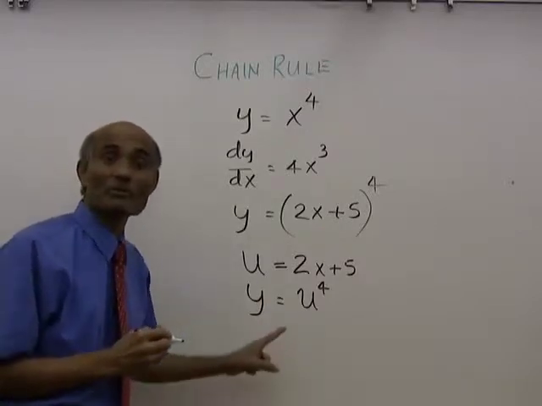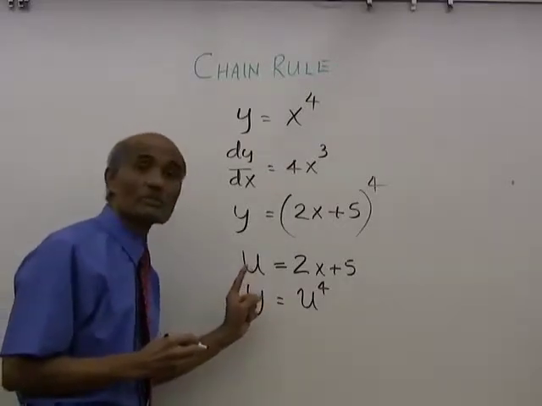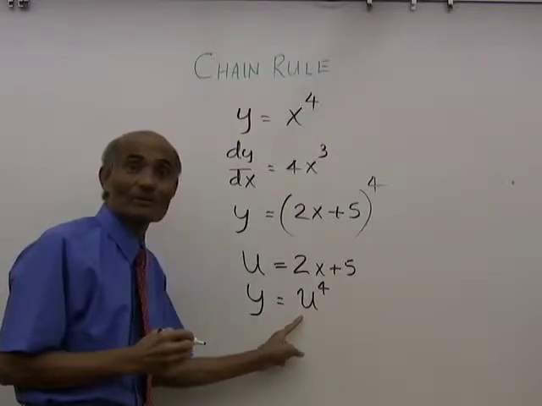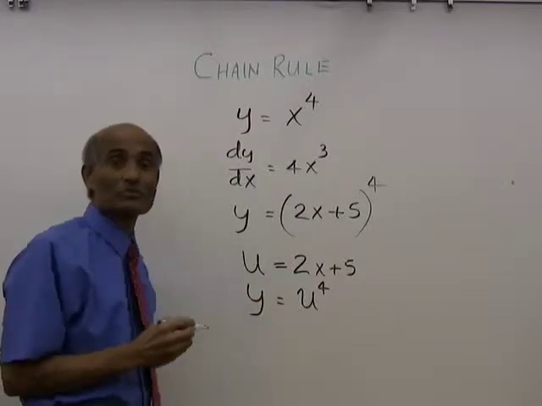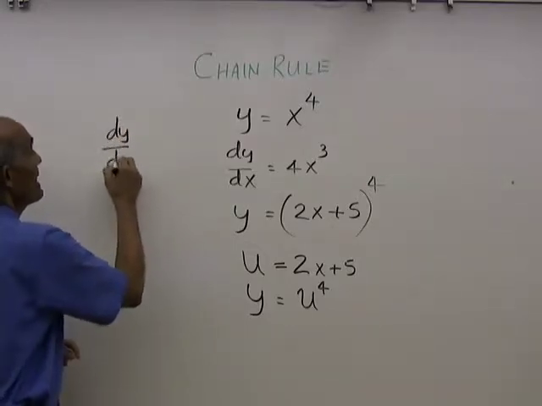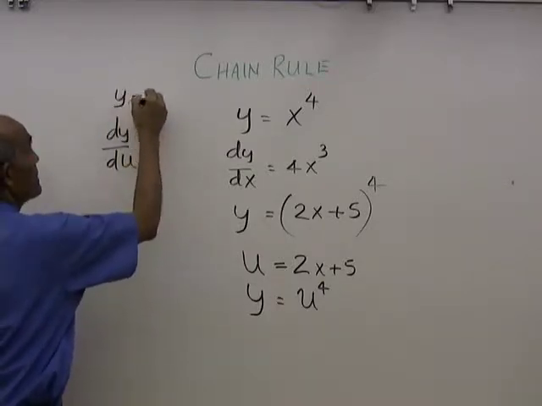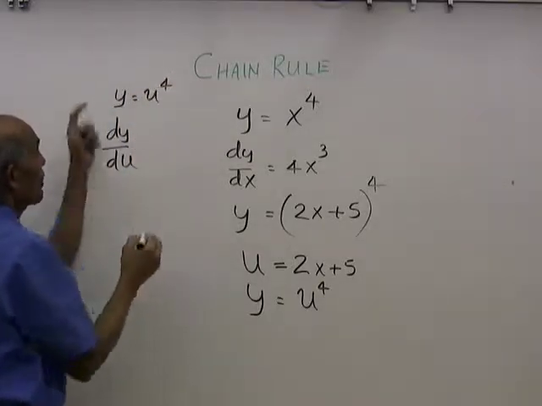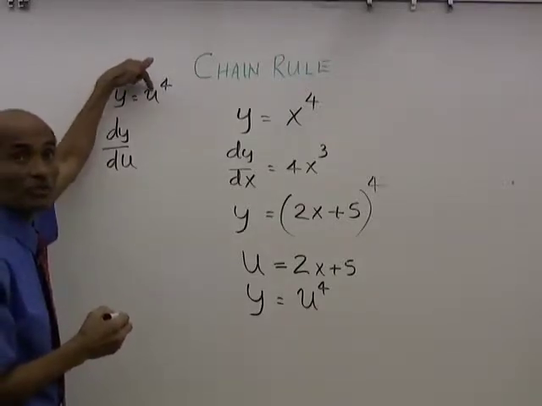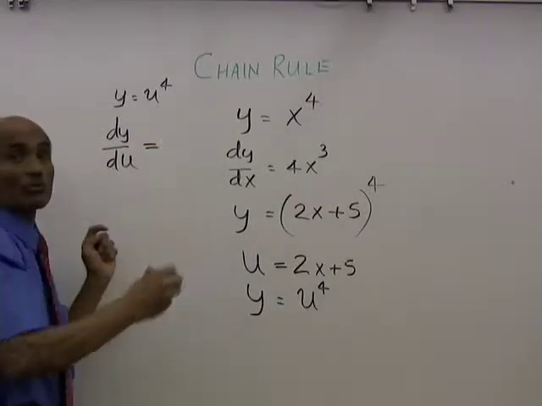Alright, how do we find the derivative of this? Now remember, this will be the derivative of y with respect to u. Because y equal to u to the power of 4, we can now find the derivative of y with respect to u, which is dy by du, using the simple power rule.